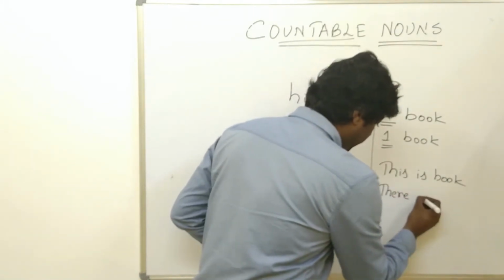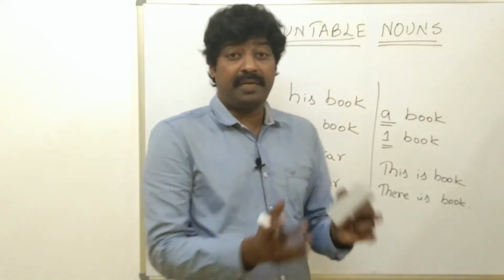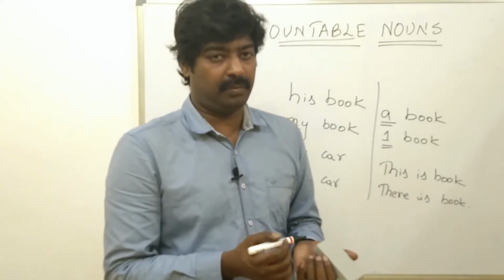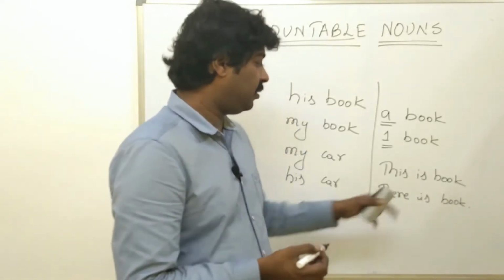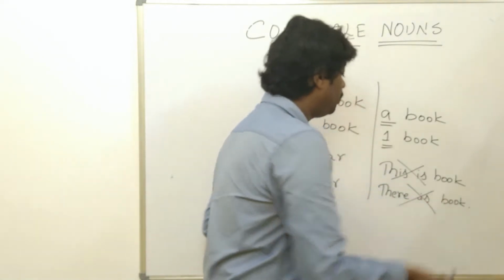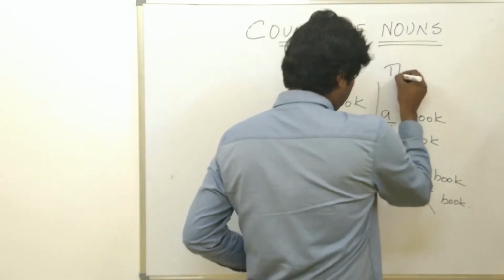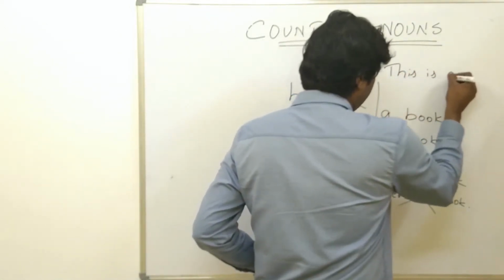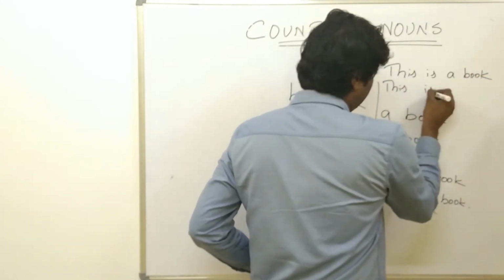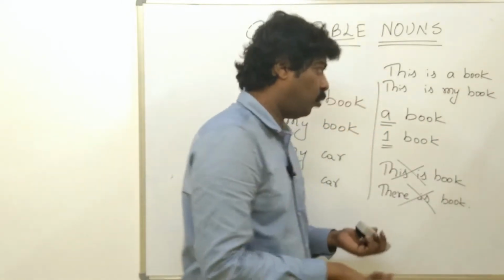Or we can't say there is book. Instead, we could say this is a book, or this is my book, or there is one book on the table.